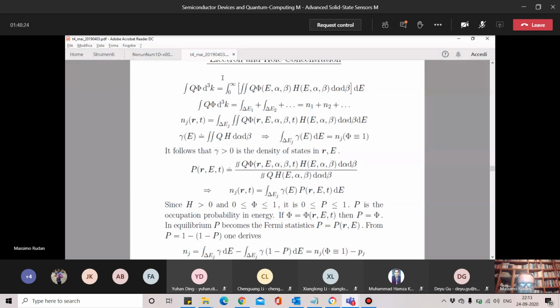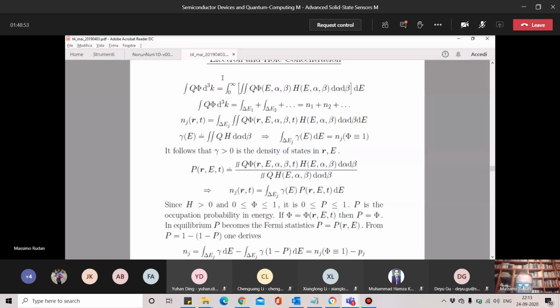That means that the integral of gamma over delta Ej is the concentration of the states in space. So gamma alone is the combined density of states in energy and physical space.